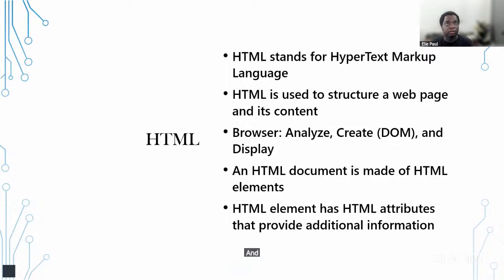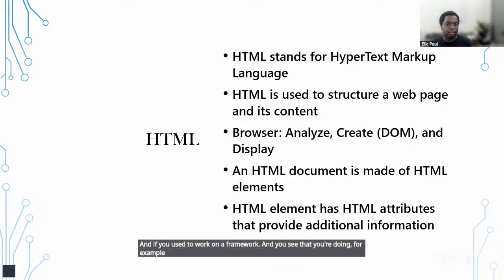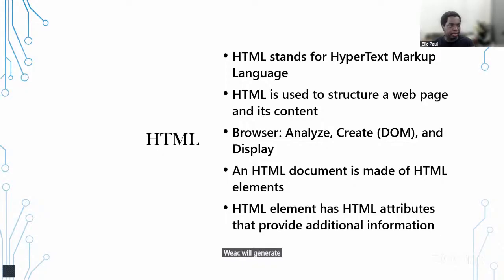And if you work on a framework, for example using React, you're doing the content in React itself, and React will generate the HTML and put the content in the HTML.